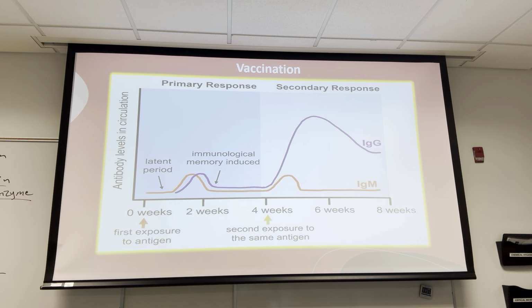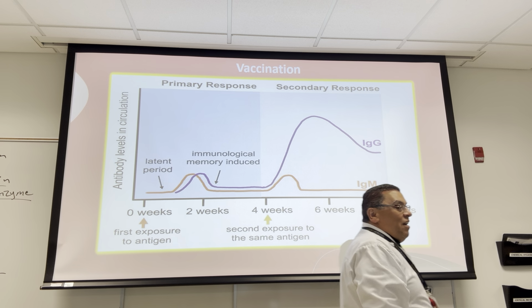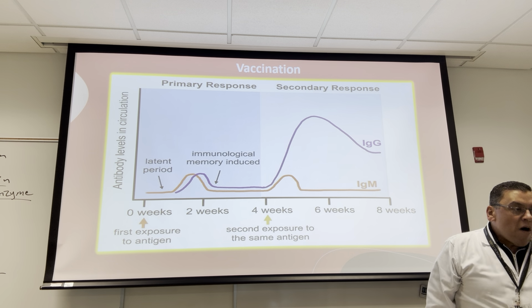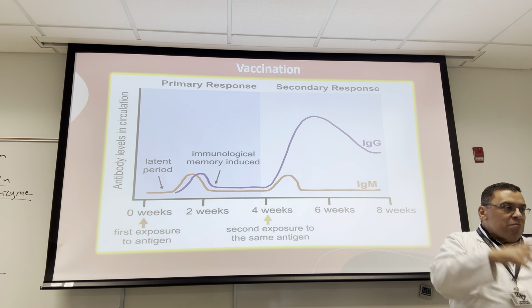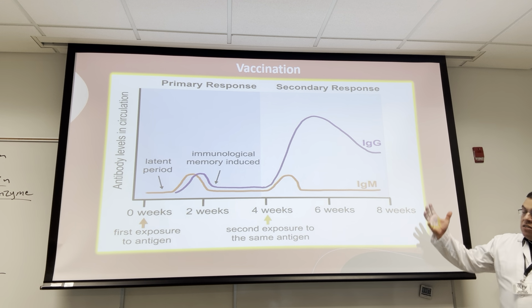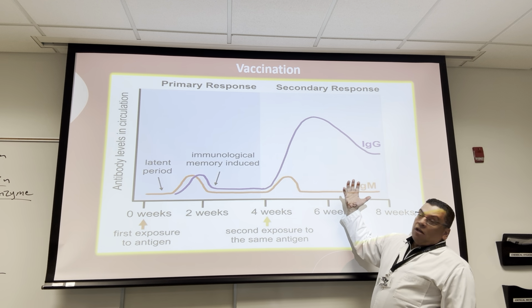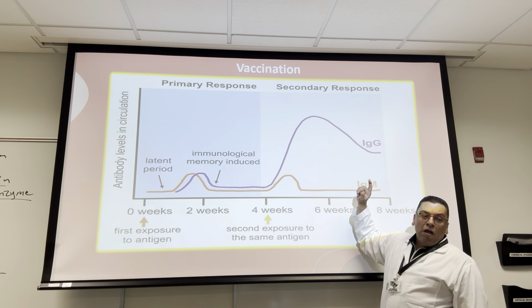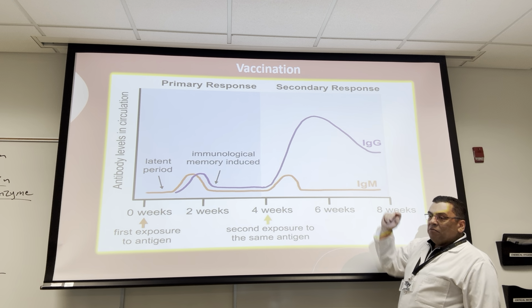Also referred to as the secondary response. But you gotta understand what is the characteristic of a secondary response. Fast and robust. Robust means huge. Fast and robust, just like you see here. There's no latent period, and it's a huge response, mainly protected by IgG.